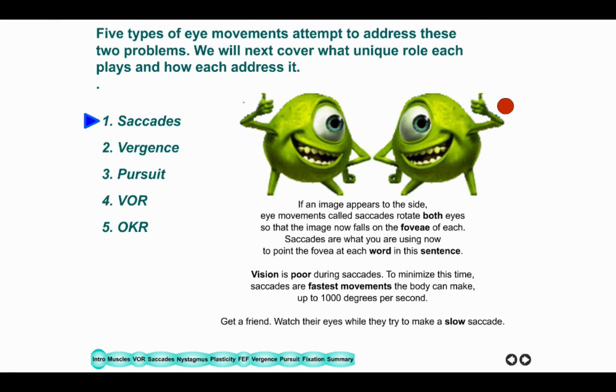Okay, so now pair up, and one of you will put your fingers like this in front of the other person's eyes and have him make saccades back and forth. Try a few fast ones. Look at their eyes.